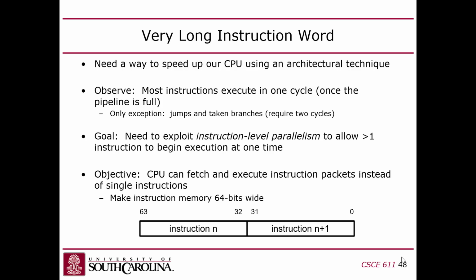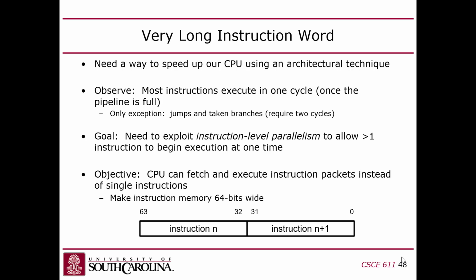So how do we do that? We could do it dynamically or we could do it statically. Well, let me back up. What limits how many instructions you can execute per cycle? Data dependencies and control dependencies, hazards.